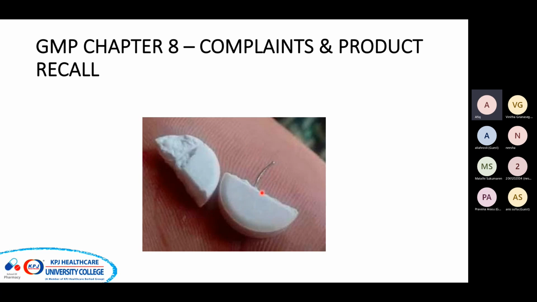We consider this a defect, but it's a very dangerous defect, because if somebody eats this tablet whole without breaking it, that person might consume this quite sharp wire. Even though the size is small, it might tear your intestine or your stomach lining, for example. I do not know, but then again, it's dangerous.